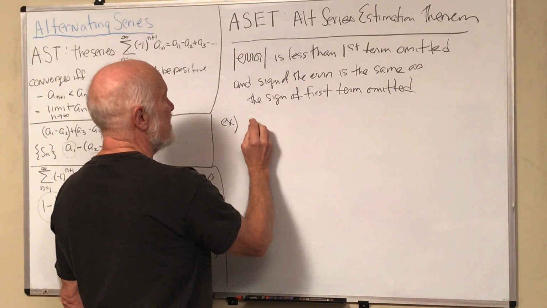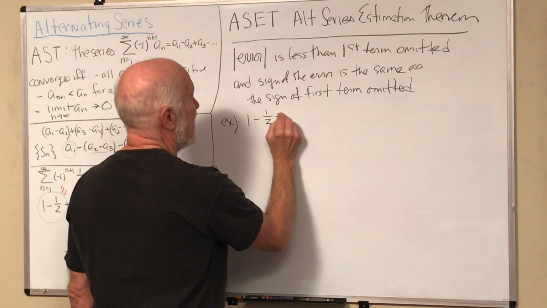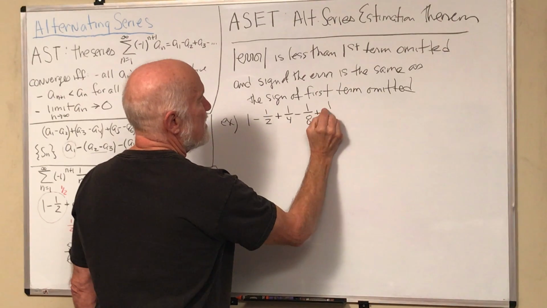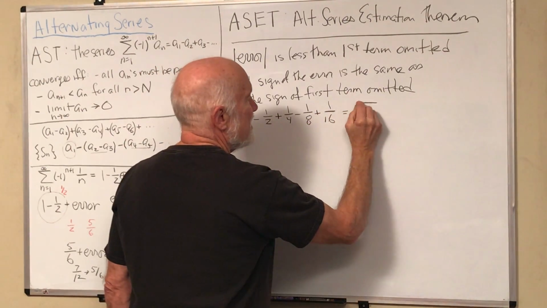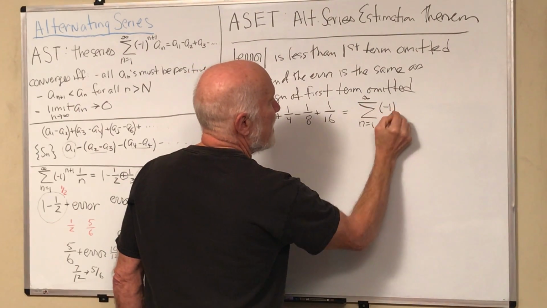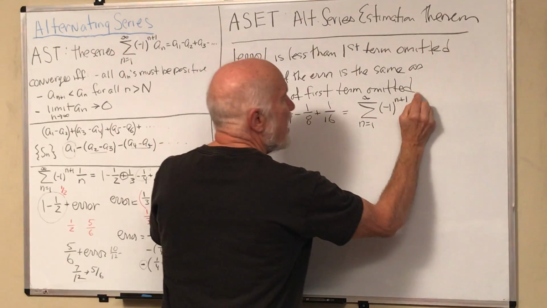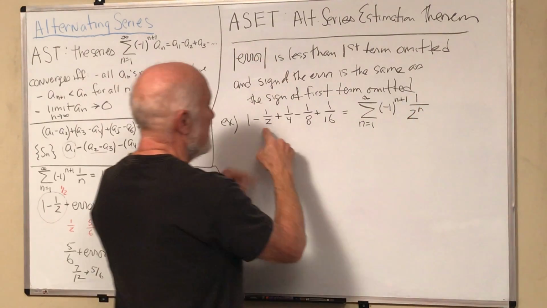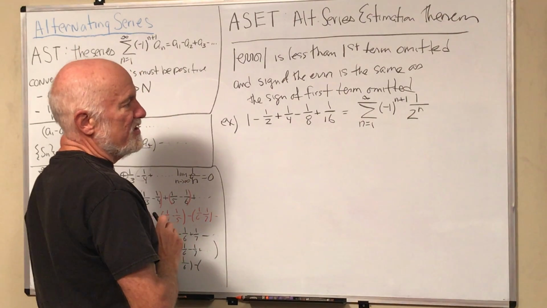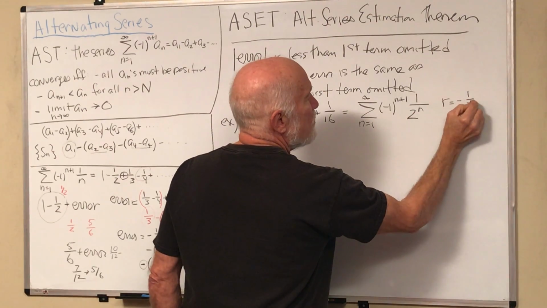Say I have the series 1 minus 1/2 plus 1/4 minus 1/8 plus 1/16. Basically, n equals 1 to infinity, -1 to the n plus 1 to make it alternate, and then you have 1 over 2 to the n. I think you can see that this is a geometric series, and r is going to be -1/2.